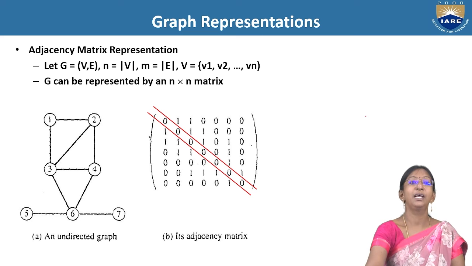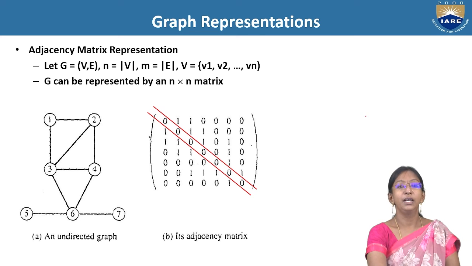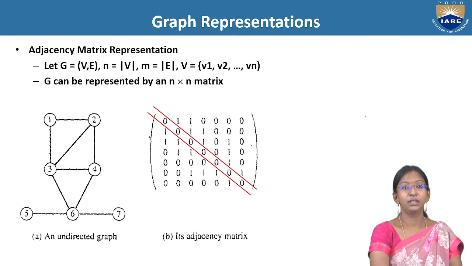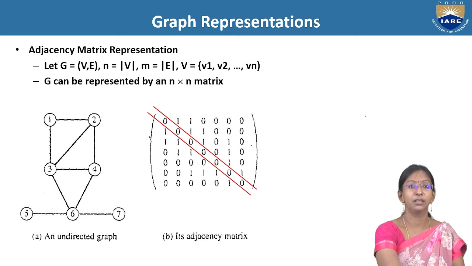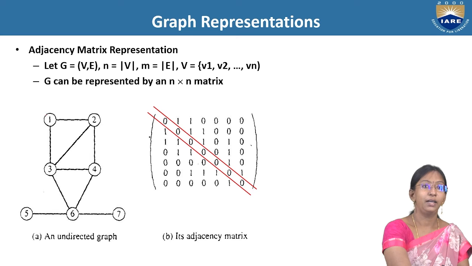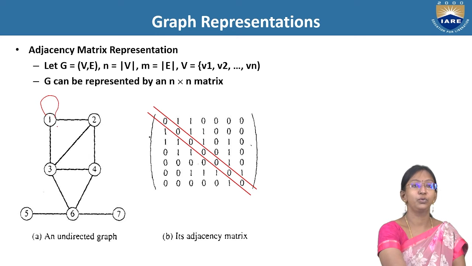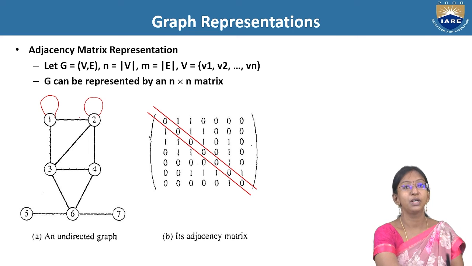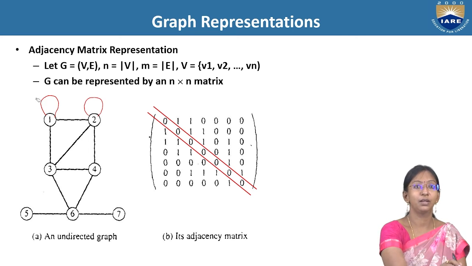Adjacency means based upon their neighbors. In undirected graphs, this graph does not have any loop. Loop means an edge from a node to itself. If an edge starts at 2, and its other end is also 2, such an edge is known as a loop.